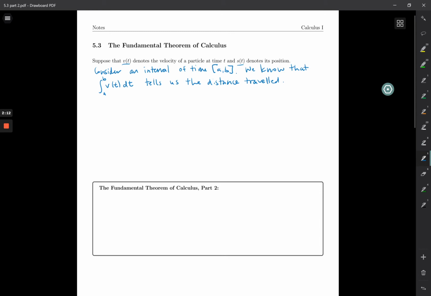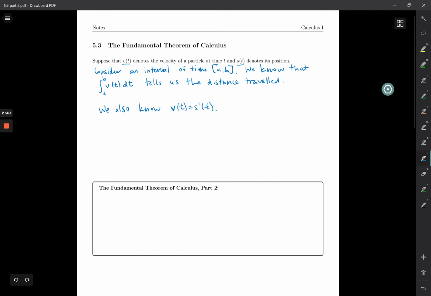We also know, so we're sort of putting together three facts, and we'll just put them all together, and that will give us the fundamental theorem of calculus. So we know this first thing, that the integral gives us the distance traveled. We also know that velocity is the derivative of position, right?